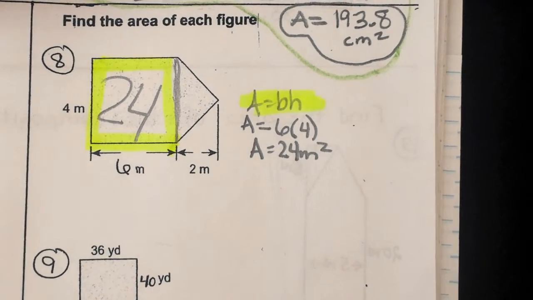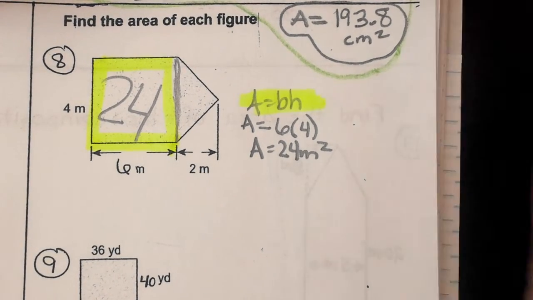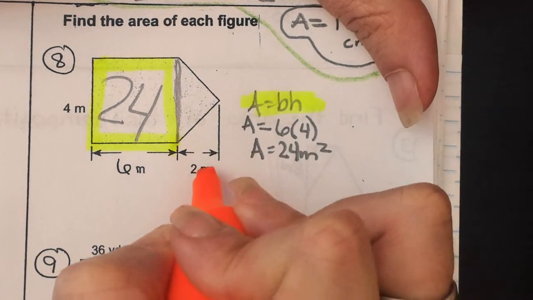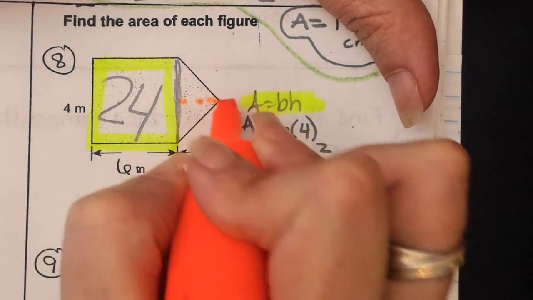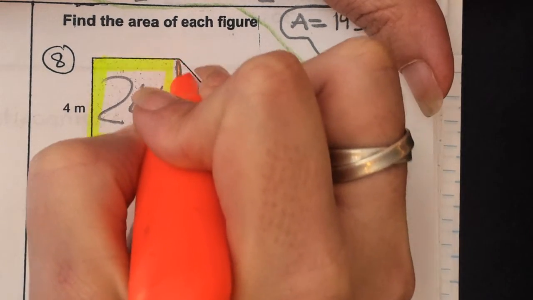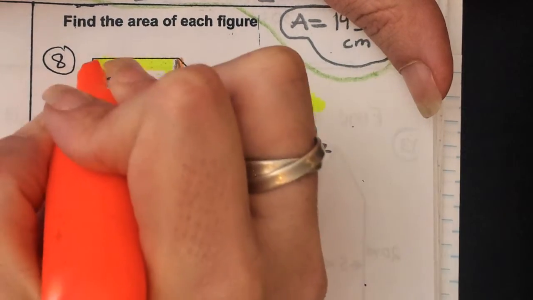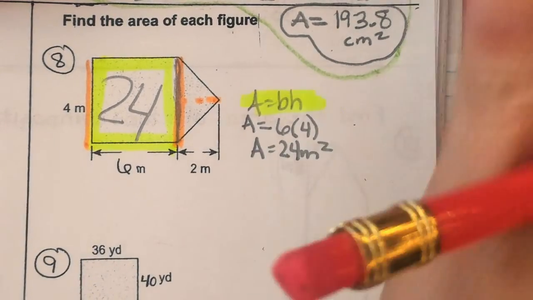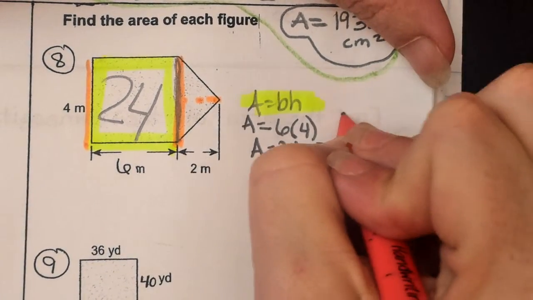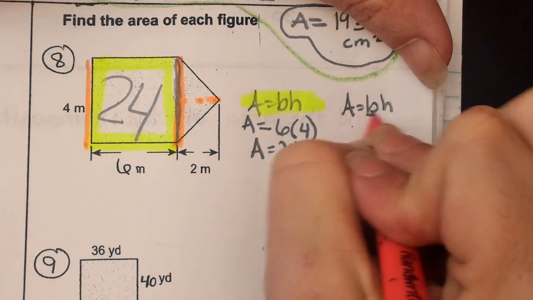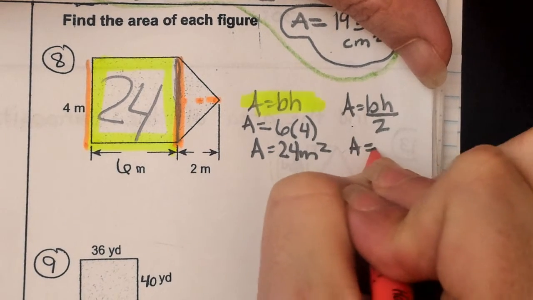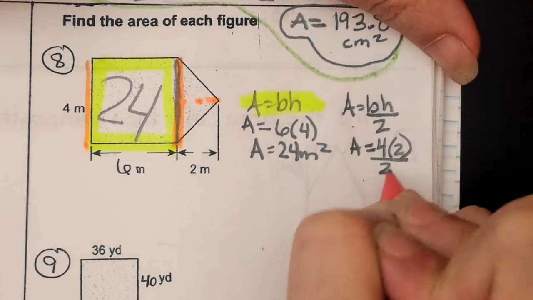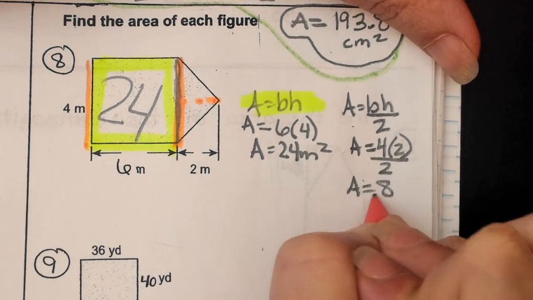Okay. Now, the triangle. Okay, 2 is right. It's the height down here. And 4, that is right. You need that, which is that. Yes, move those walls around. The triangle formula is base times height divided by 2. So 4 times 2, but listen, make sure you divide by 2.